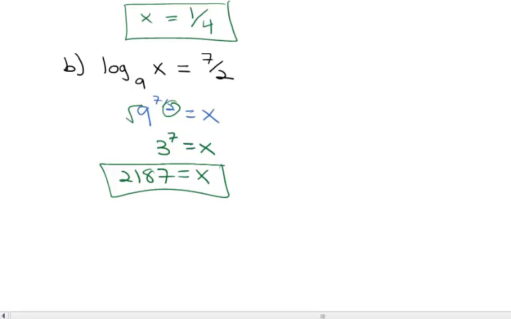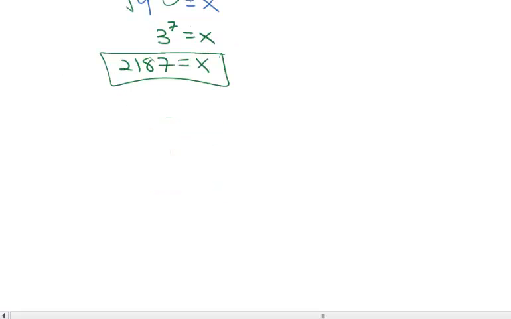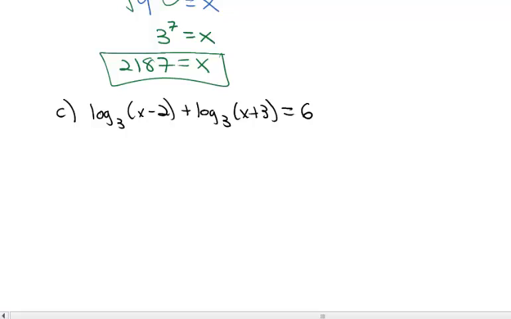We can use some of our properties of logarithms also to help us solve log problems. If we have log base 3 of x minus 2 plus log base 3 of x plus 3 equals 6, we almost feel like we've run into a bit of trouble when we've got two logs in the same screen. But we can combine them into a single log because they are added.